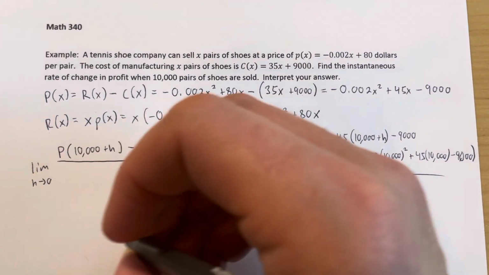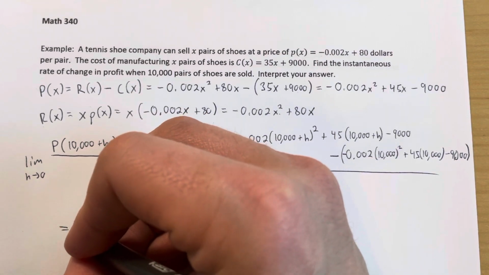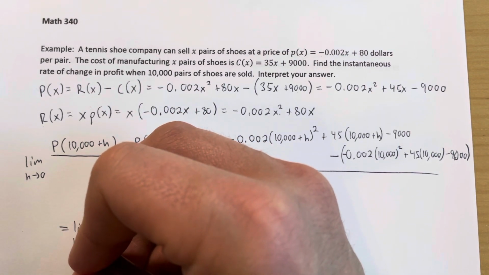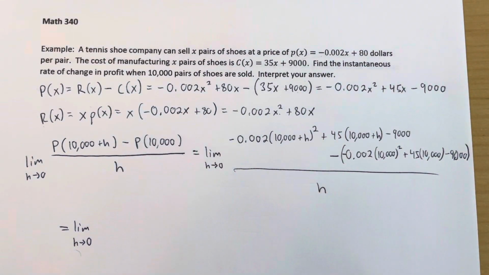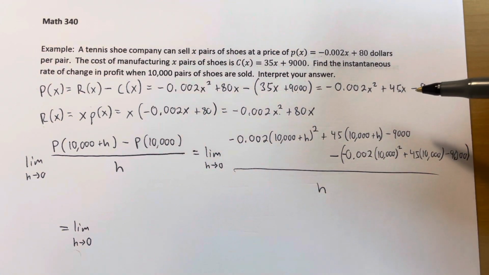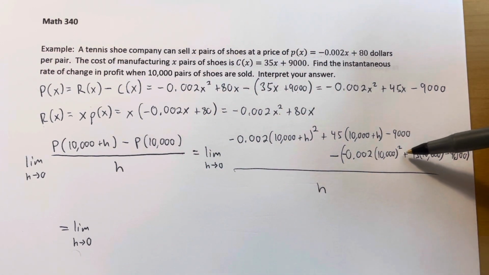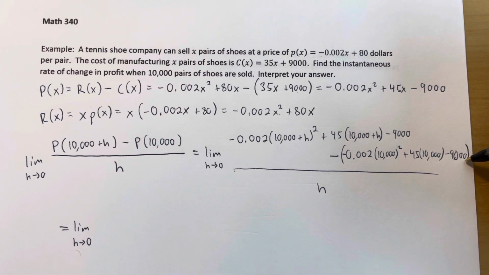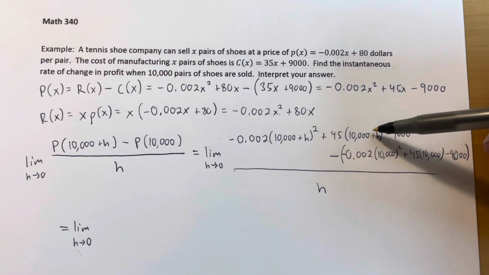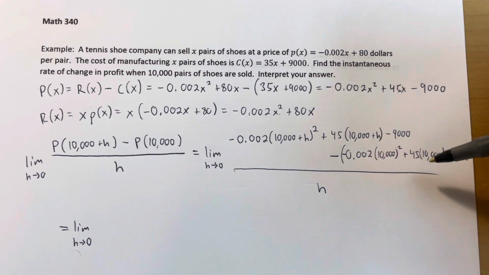All right, let's do this. Equals the limit as h goes to 0. Now there's a lot going on in here, and it's at this point that it helps to use some smart arithmetic tricks. A couple of things that I'm noticing. All of the stuff in parentheses here is being subtracted from all of the stuff up here.